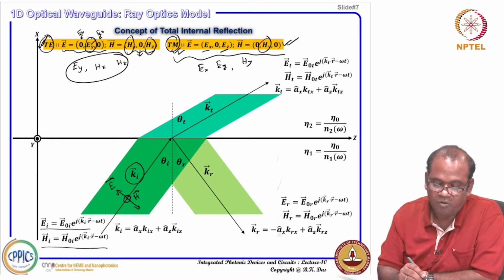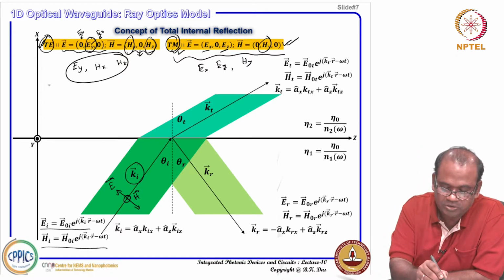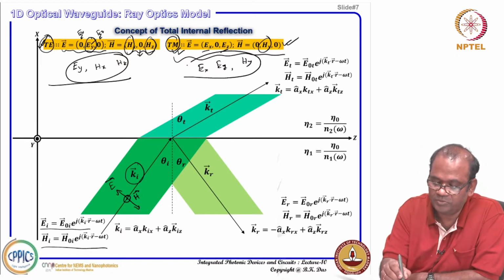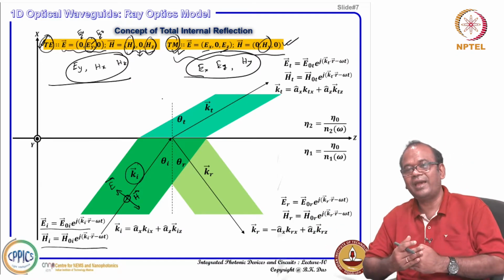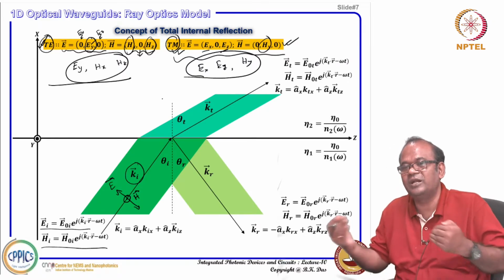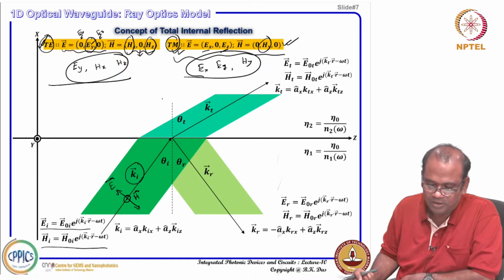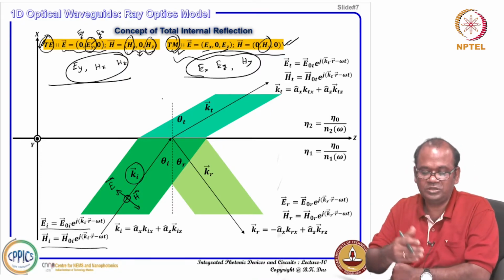That means all 6 components can be present in a plane wave, but we can decompose into TE polarization and TM polarization of this kind, and we can treat them independently because they can carry energy independently. They can be independent solutions. So, if some other polarization is there, obviously we can decompose it into TE and TM.